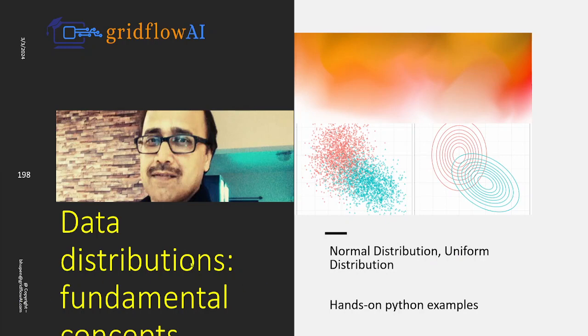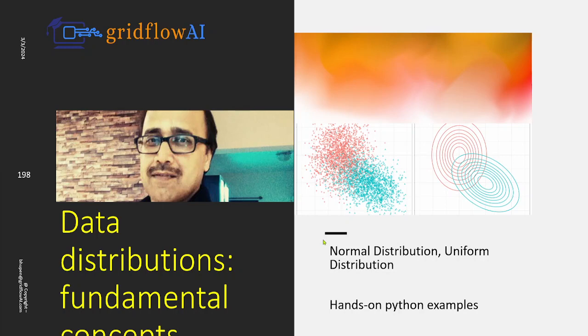The normal distribution, as you know, is bell-shaped and characterized by symmetry, or a symmetrical shape. We'll discuss whether we really need the data to be symmetrical or not from a machine learning and data science perspective. Uniform distribution is uniform. That means all values are equally probable.